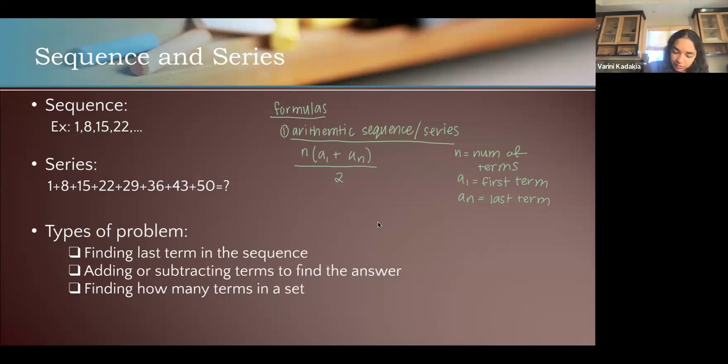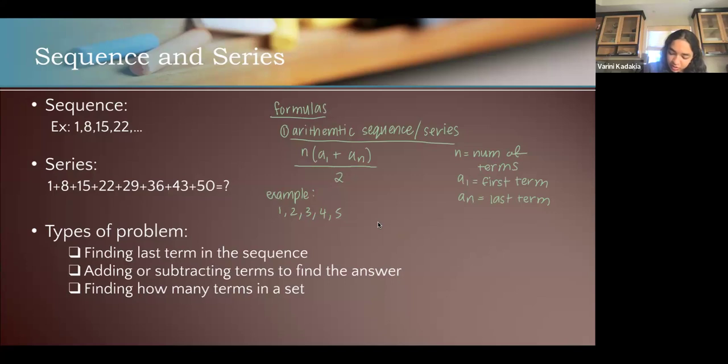We can do an example. Let's say we had the series 1, 2, 3, 4, 5. Let's manually compute the sum.